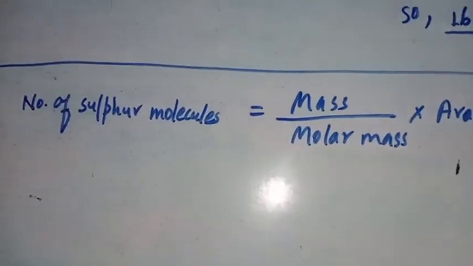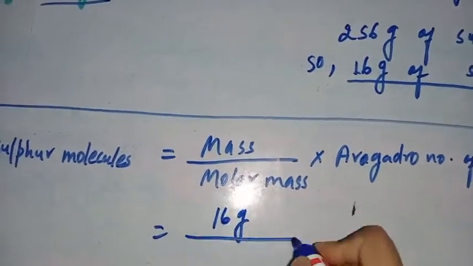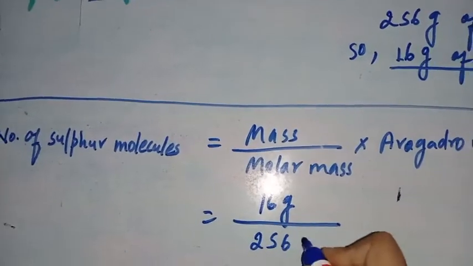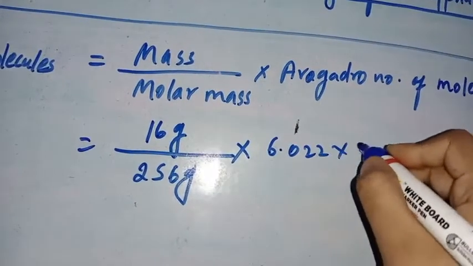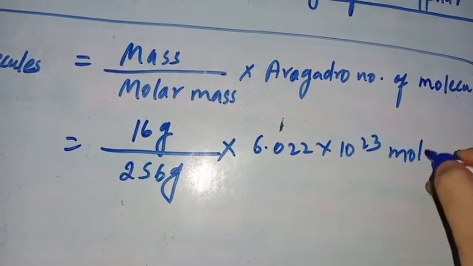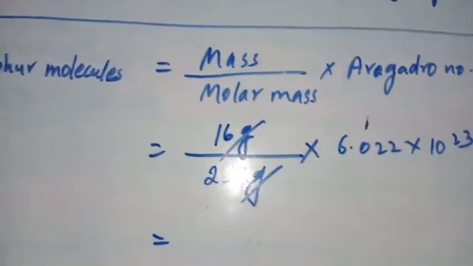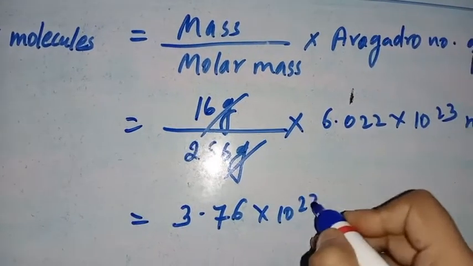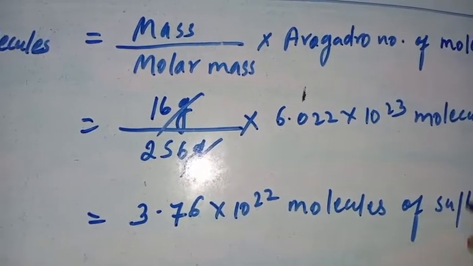Okay, so the number of sulfur molecules we have to calculate. Mass is given, that is 16 gram of solid sulfur. This is 16 gram divided by the molar mass of sulfur. We have calculated 256 gram. So 256 gram into Avogadro number, we know how much: 6.022 into 10 to the power 23 molecules. Gram will cancel, and when we solve this we will again get 3.76 into 10 to the power 22 molecules of sulfur.